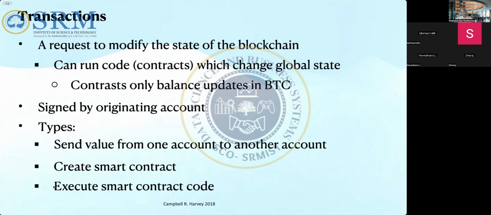And one more thing is executing a smart contract. So let's say that you have a smart contract which you want to consume, and you invoke the smart contract, that will also become a transaction. As we have seen in the life cycle of a smart contract, information, in the form of transactions, is put onto the blockchain.